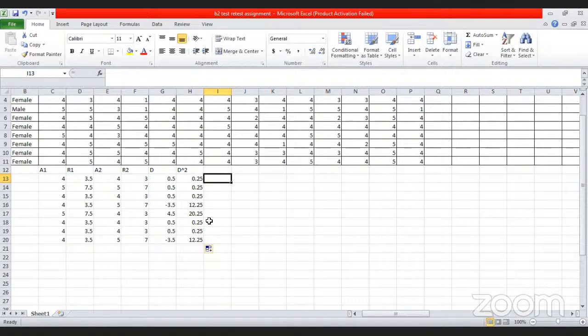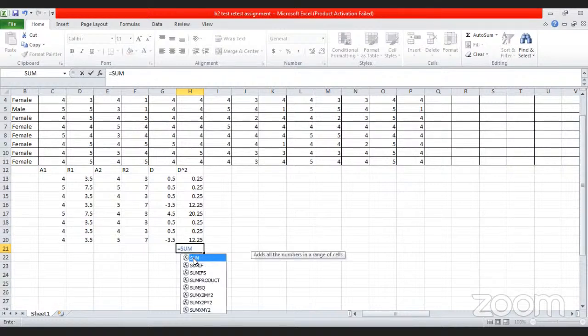Yes. Okay, now I have to do the sum of d square, because I have to put it into the formula of rho, that is 1 minus 6 summation d square divided by n into n square minus 1. So I have to find out the sum of d square.